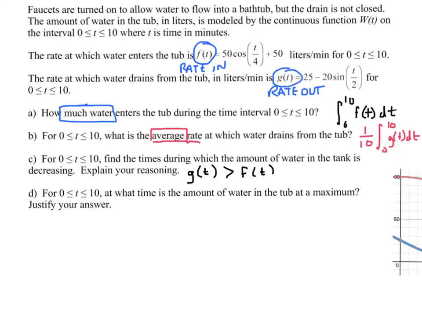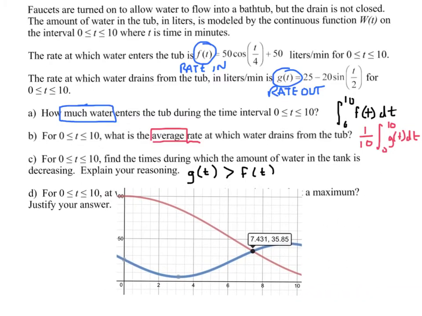Now, I do have a graph of this, and let me quickly pull this in so you can see it. This is the graph. The red represents f of t, and the blue represents g of t. So you can see that starting at time 0, we're pumping in more water than is draining out, and that's true all the way up until time 7.431.